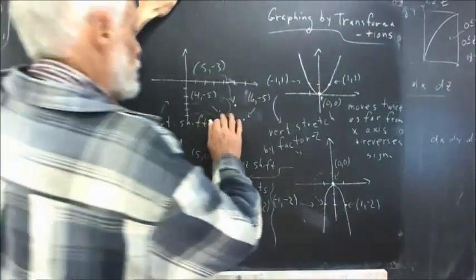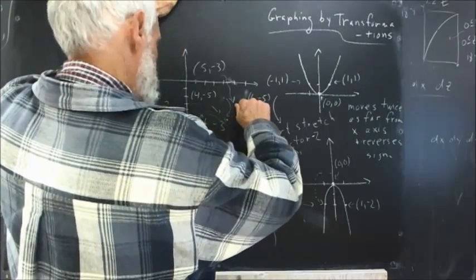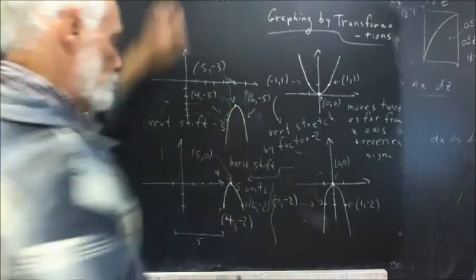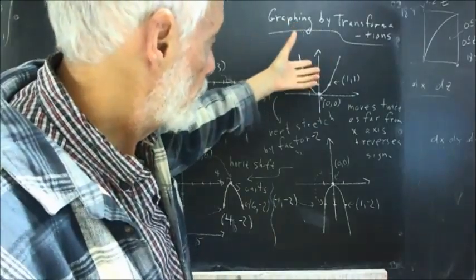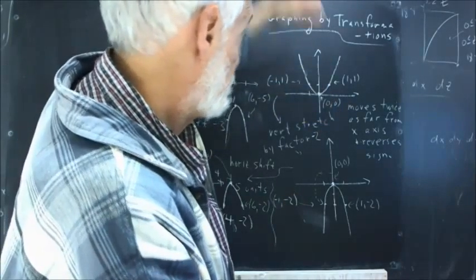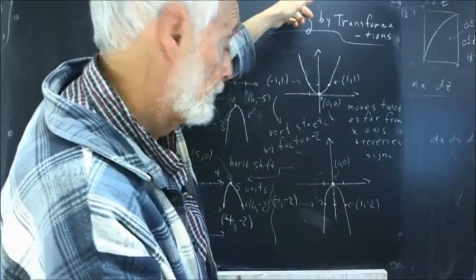Okay, now over here, this point should be a little closer in here. We get the same graph, but now it's been moved down 2 units. So we stretch by factor -2, which doubles the height or the distance of every point from the x-axis.